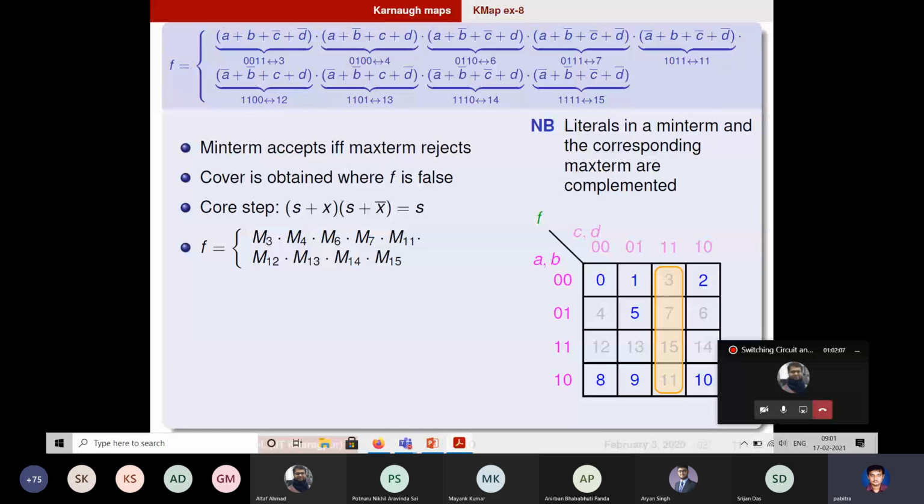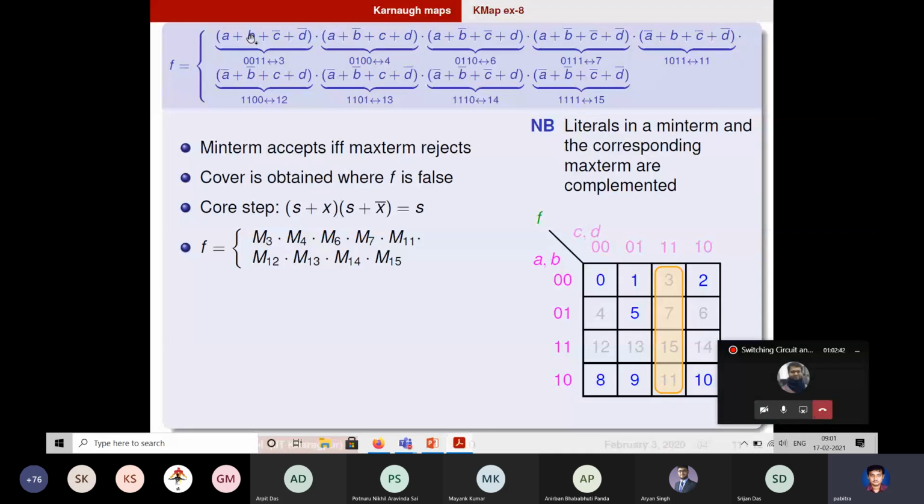Let's see. So what I have done here is, let me express f. Let me hypothetically form an f which is a product of all the max terms. M3 means A plus B plus C bar plus D bar. M4 means A plus B bar plus C plus D. So you note here at the top I have written the decimal values of the min terms, and you know it is a product of sums form.